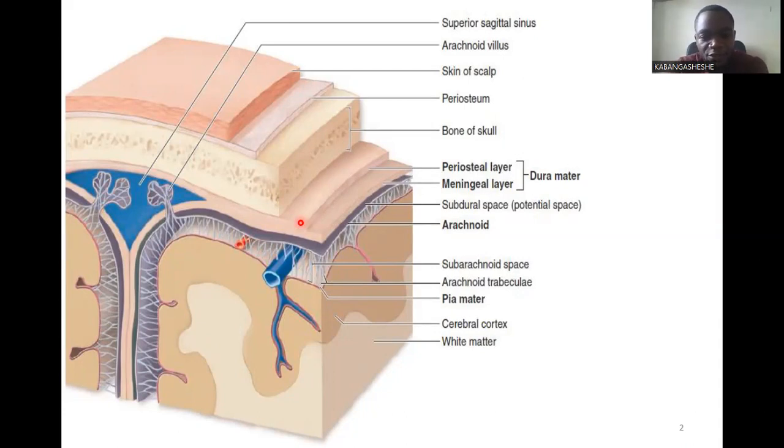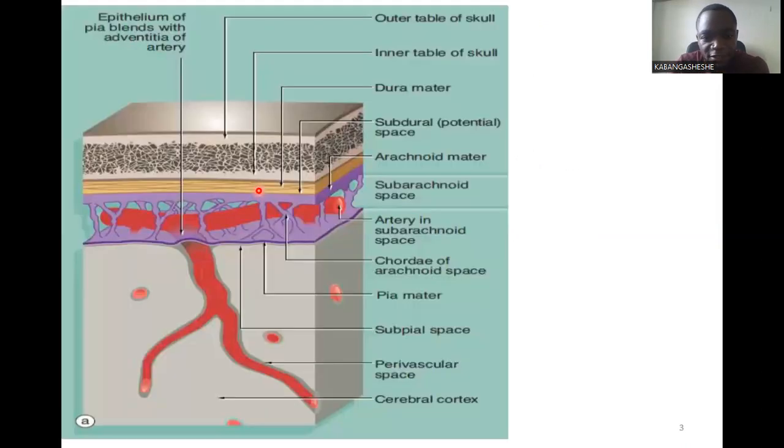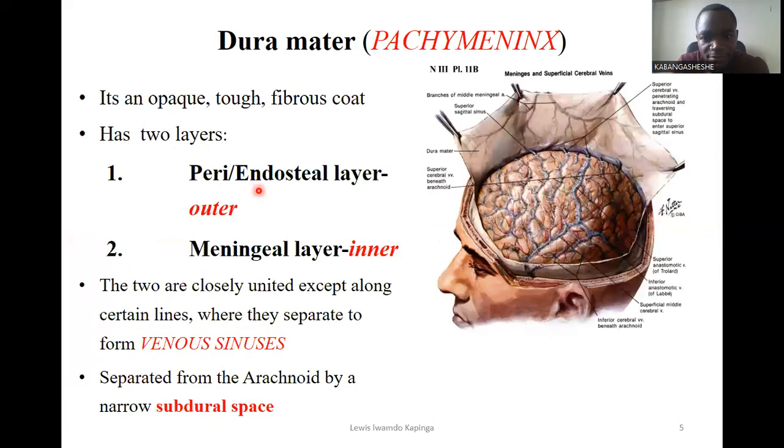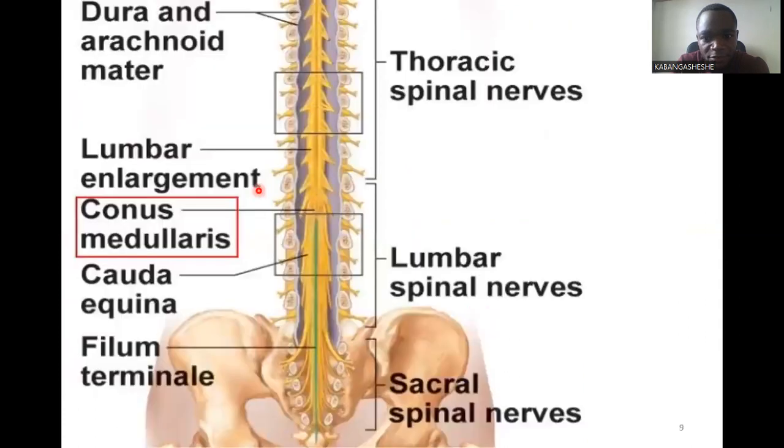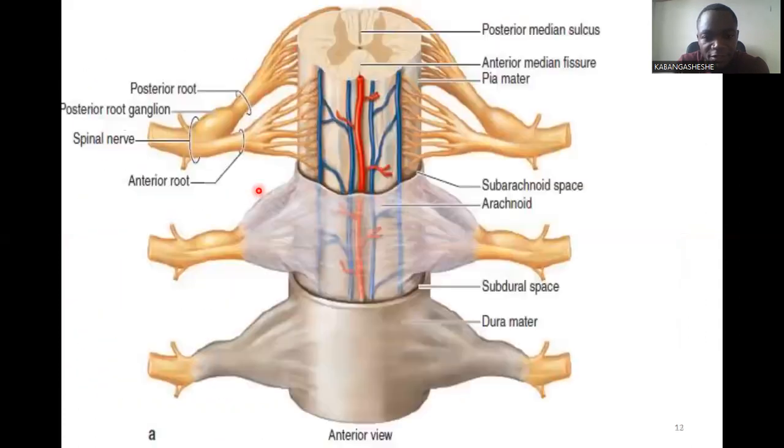Now, there are also spaces between the meninges. The first space I would like us to think about is the space between the dura mater and the cranium, that is for the brain. Then dura mater with the vertebral column, that is for the spinal cord. I have a diagram somewhere here.